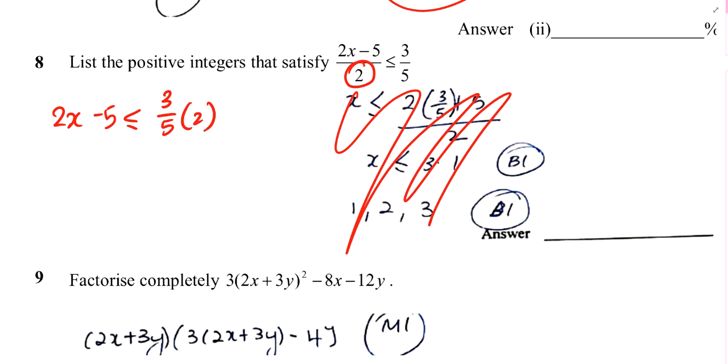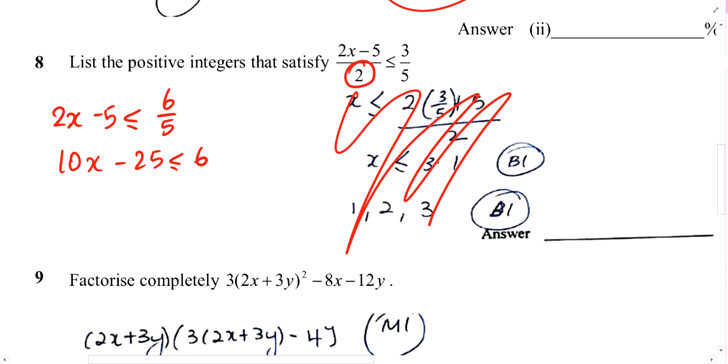When do we flip the sign? When you multiply or divide by a negative number. Now you multiply by 2, so no need to flip. Okay, so this is 6 over 5. Then I don't like the denominator of 5. What should I do? Times 5. So 10x minus 25 less than or equal to 6.